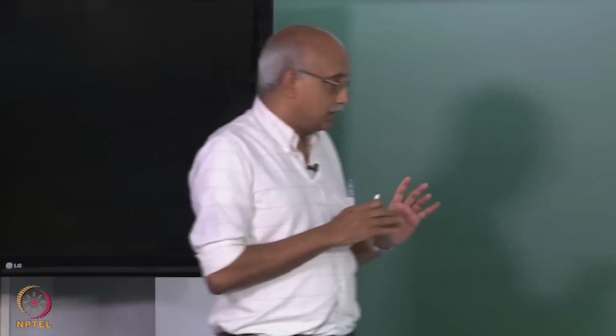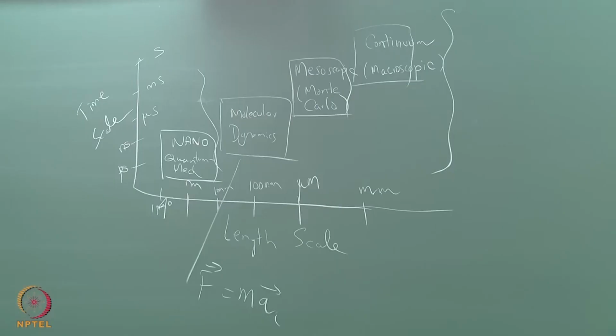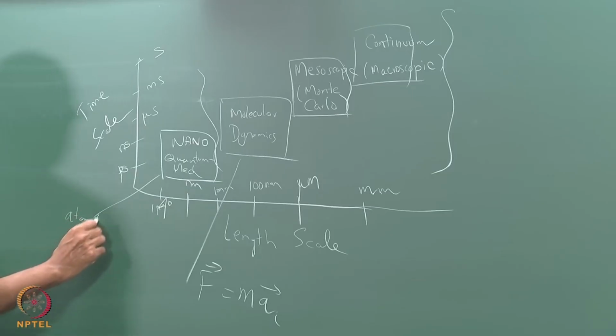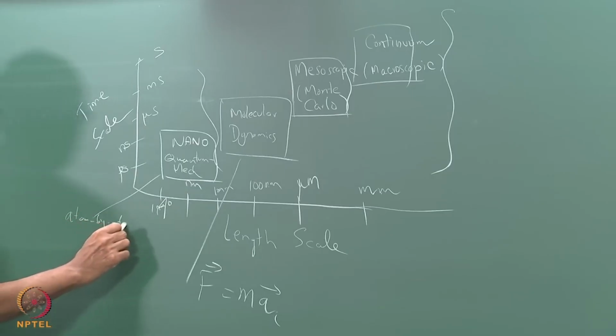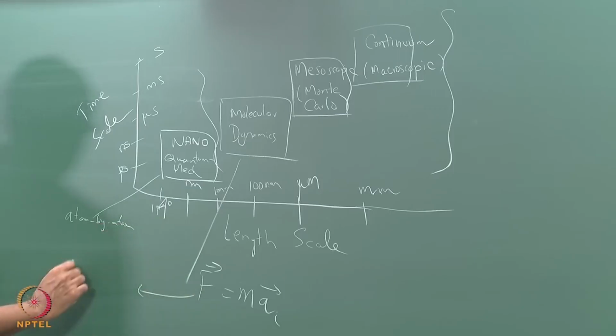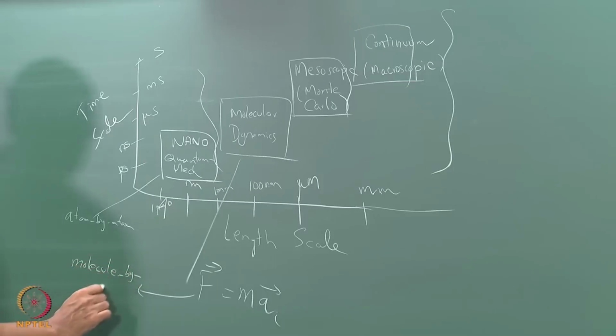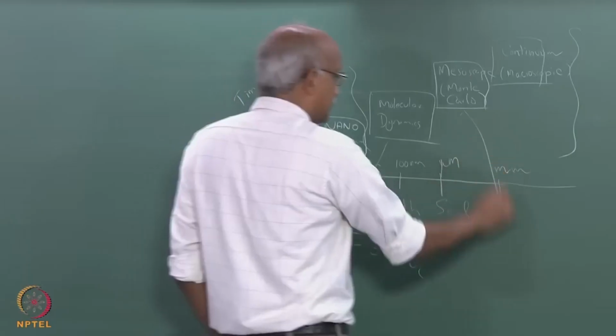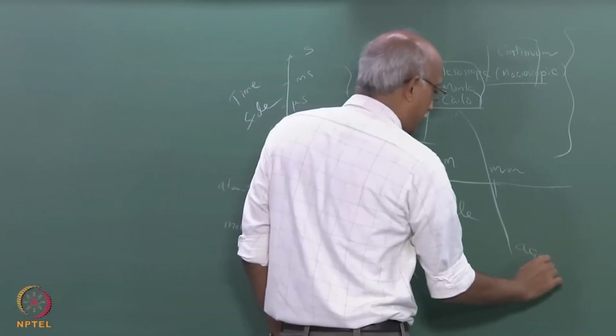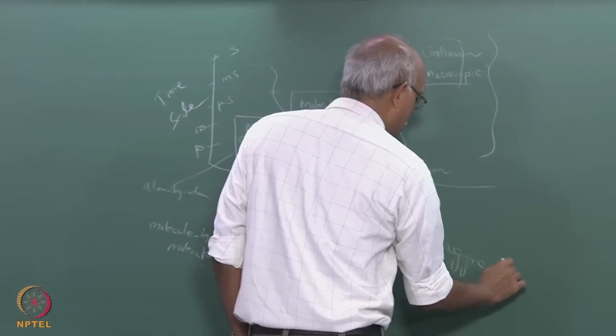So, this is a slightly expanded view. Here we are trying to look at atom by atom, and here it is more of a, well, I would call it molecule by molecule. The third regime is what we would say is an aggregate by aggregate model.